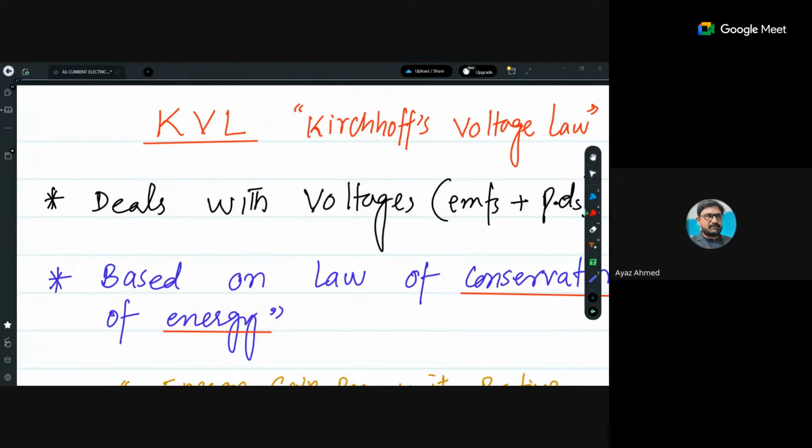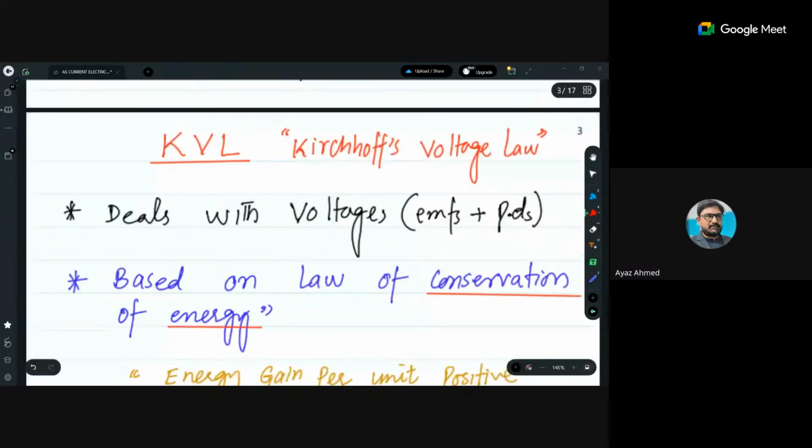EMF is a property of a source, and potential difference is the property of a load. Potential difference is developed across the load, whereas EMF is produced by your voltage source.